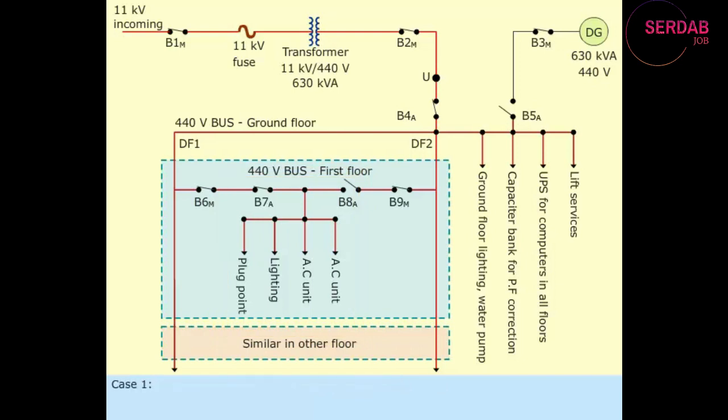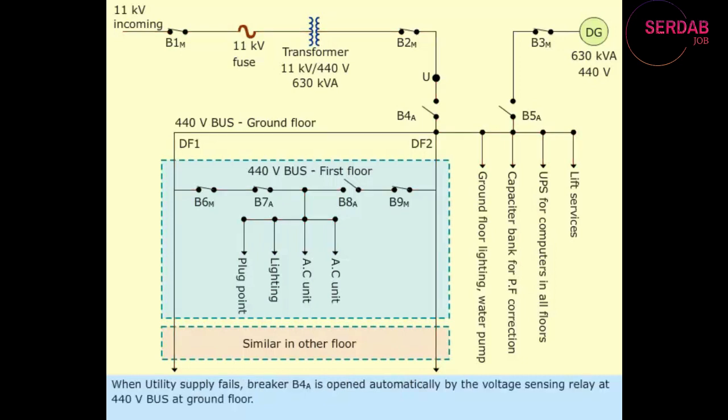Case 1. Failure of utility supply. The control scheme of DG is normally kept in auto position. When utility supply fails, breaker B4 sub A is opened automatically by the voltage sensing relay at 440 volts bus at ground floor.